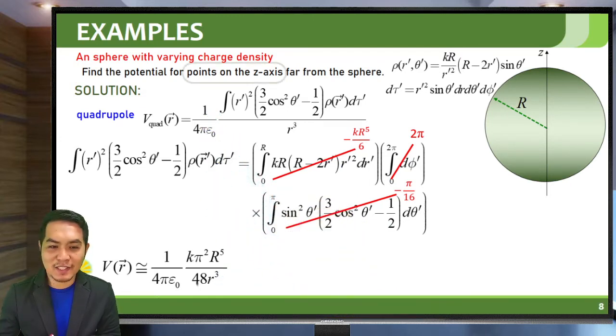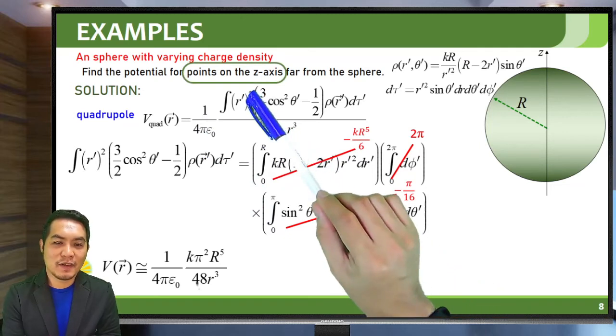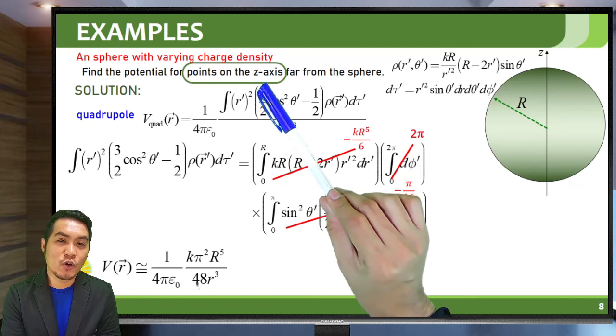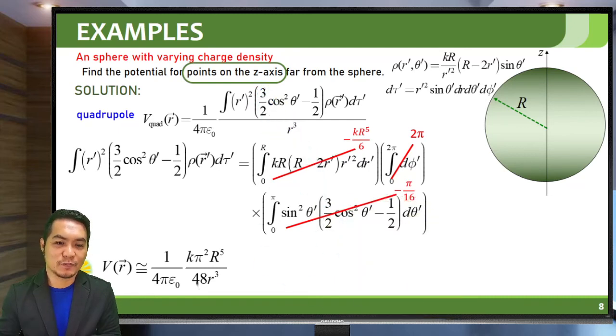But take note, that's not actually the problem. The problem is that we are trying to find the potential for points on the z-axis. For points on the z-axis, take note, our r, the three-dimensional position vector magnitude, is square root of x squared plus y squared plus z squared. At points on the z-axis, the values of x and y coordinates are actually 0, meaning r is just equal to z.